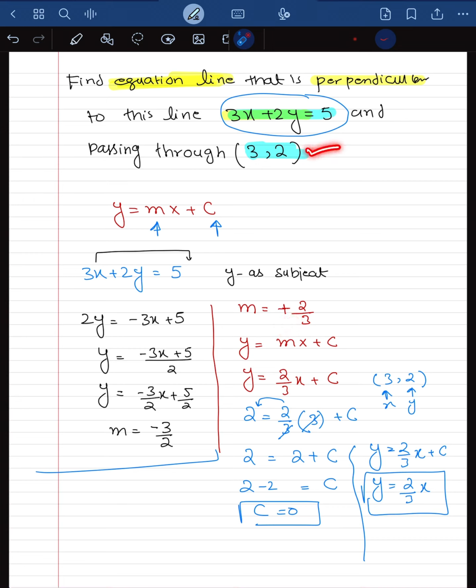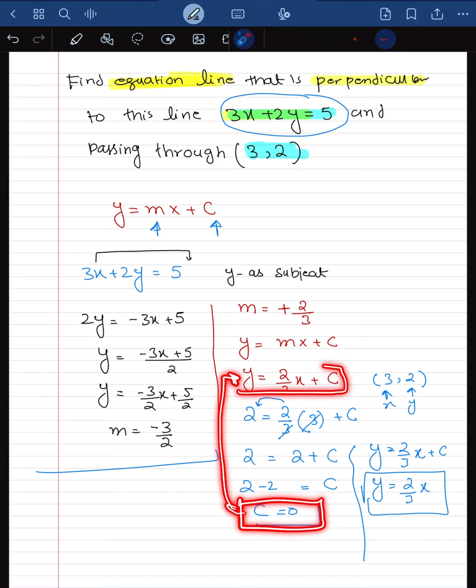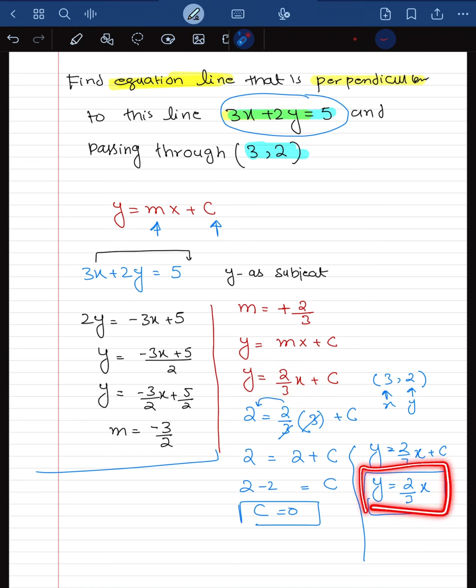Now we use the point that is given in the question to find the value of c. When we calculated it, we got the c value as 0. Now you can place the c in your original equation, so c is 0, so this is your answer, y is equal to 2 by 3 x, right? So this type of question you may get.